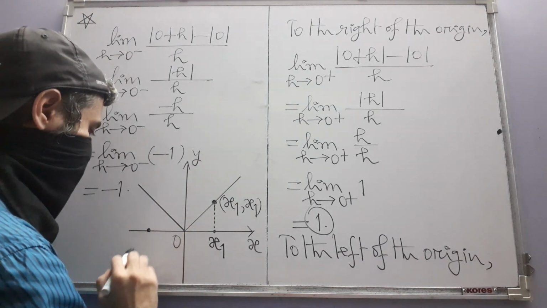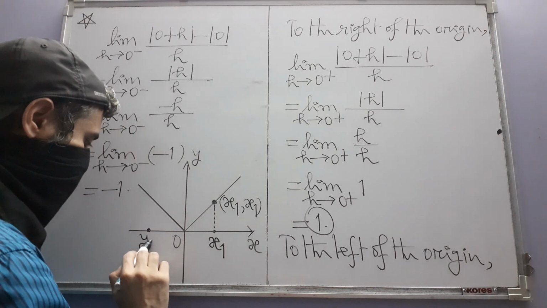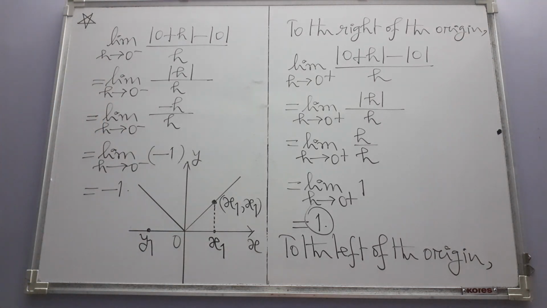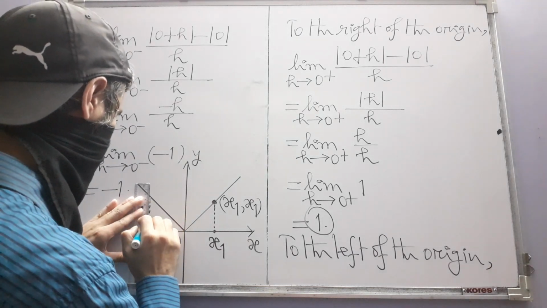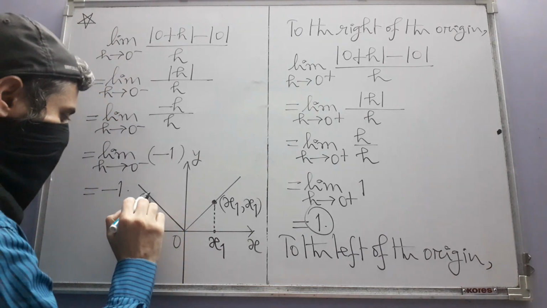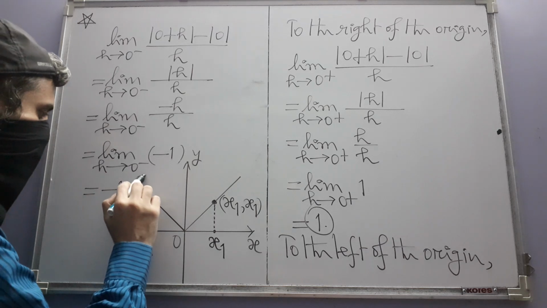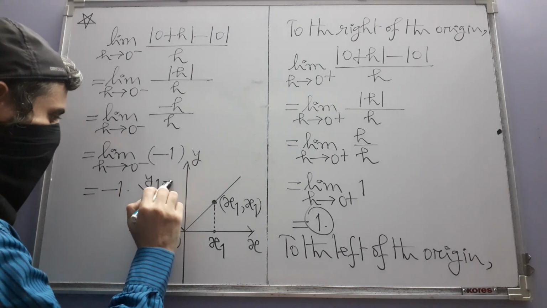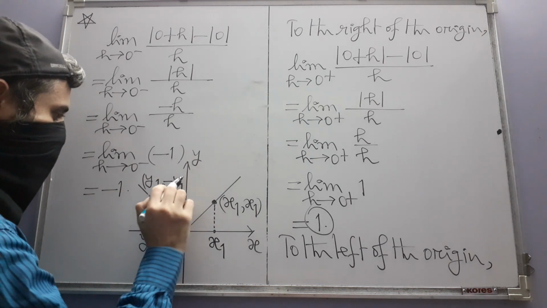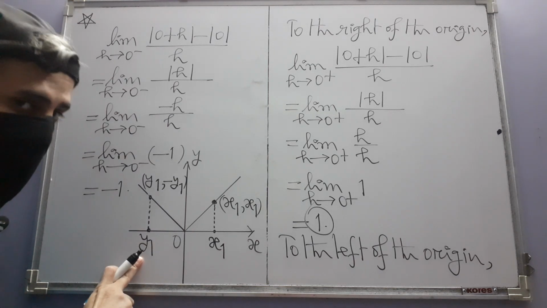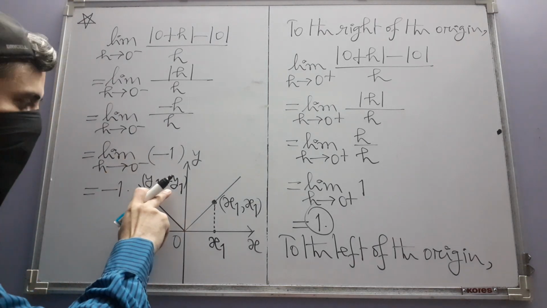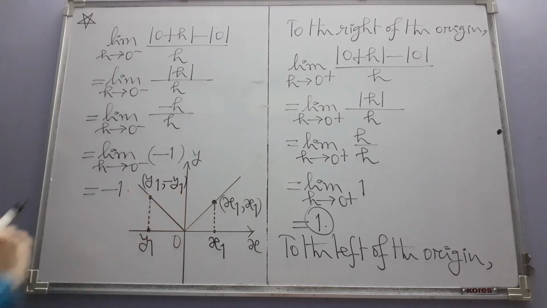Whereas, if you take something else, say y1, to the left of 0, some point, then the corresponding point on the graph is y1, minus y1. Keep in mind here y1 is negative. This, however, is positive. So we have to take minus y1 here.